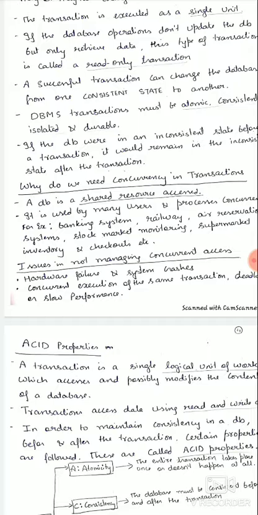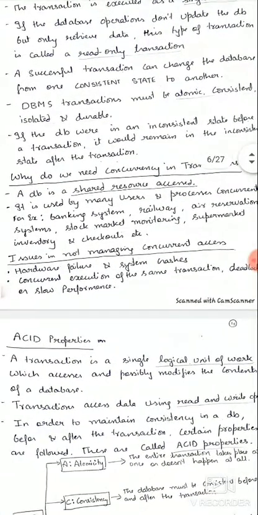Next is concurrent execution of the same transaction. Suppose more than one person is aiming to book the same place in a movie ticket, the same location. If they are booking the same ticket, they'll face some issue there. Next is deadlocks or slow performance.